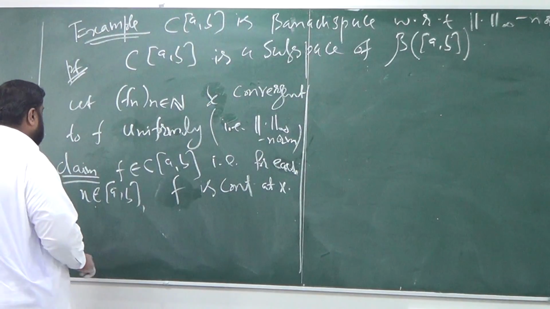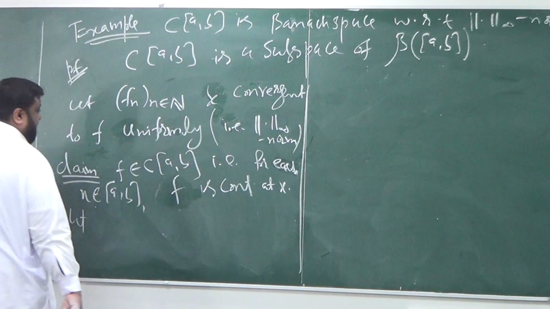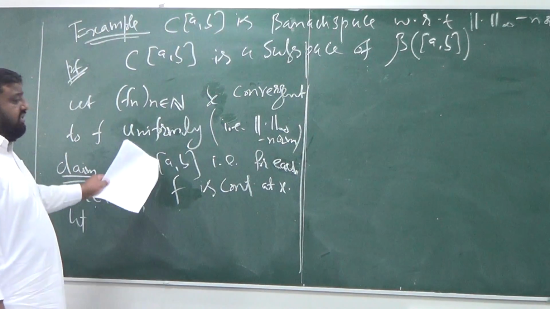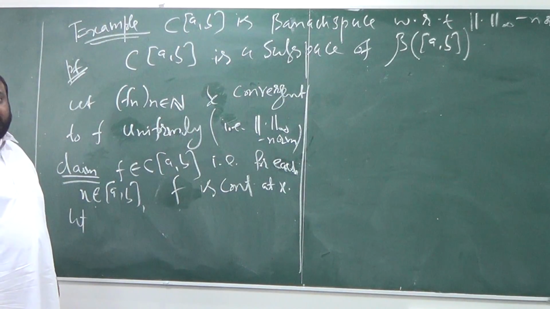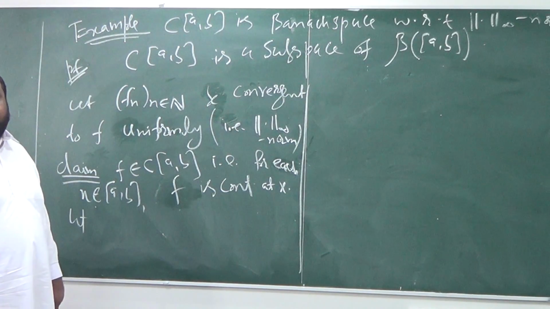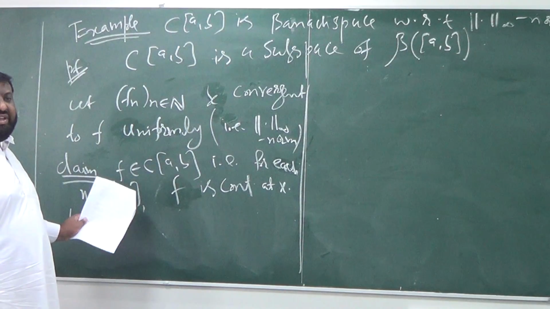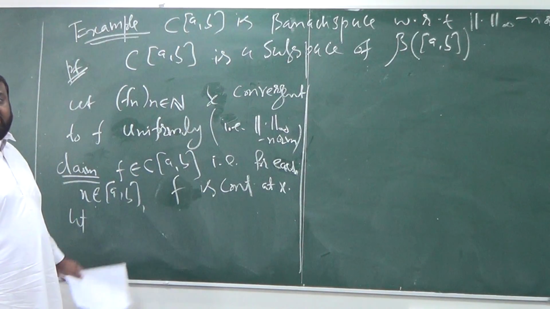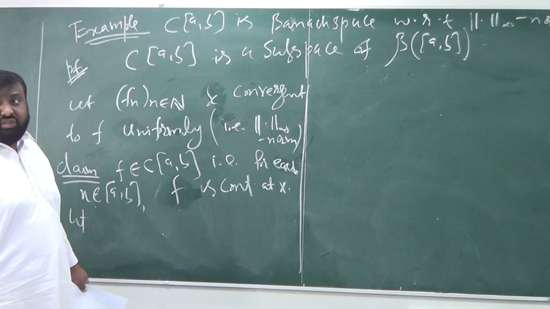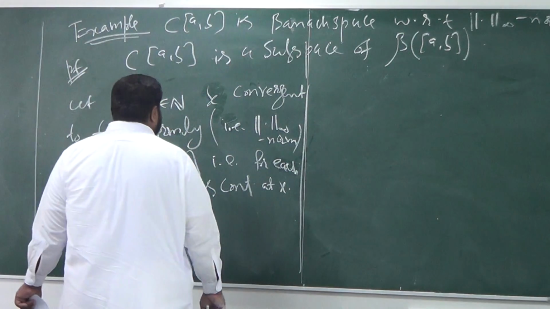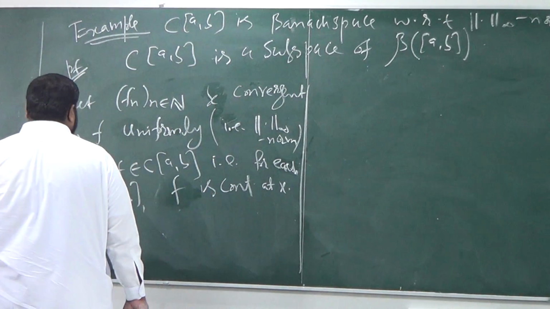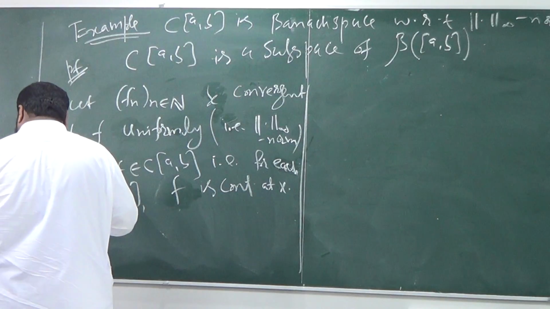So I need to take a sequence in the interval [a,b] which converges to some point x in [a,b], and show that f maps that convergent sequence onto a convergent sequence in K.